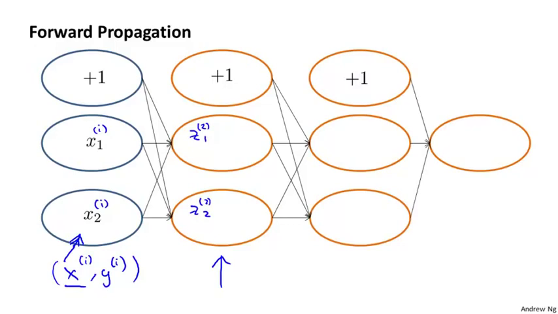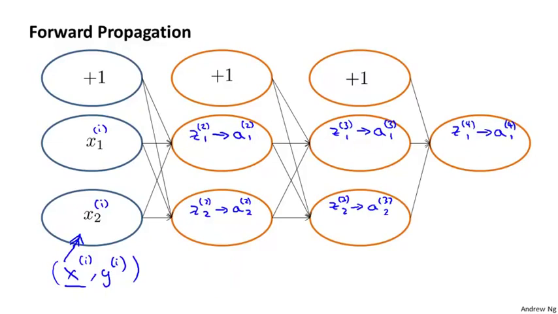Then we apply the sigmoid or logistic activation function to the z values, which gives us the activation values A21 and A22. Then we forward propagate again to get Z31, apply the sigmoid activation function to get A31, and similarly, until we get Z41, apply the activation function. This gives us A41, which is the final output value of the neural network. Let's erase this arrow to give myself some more space.